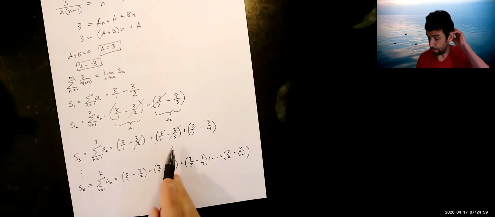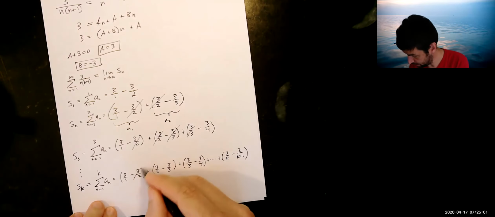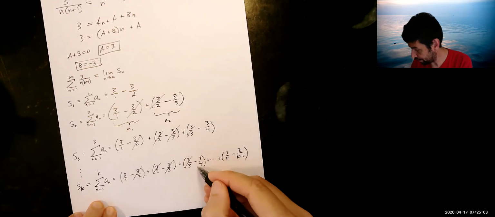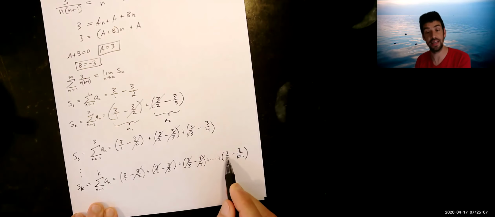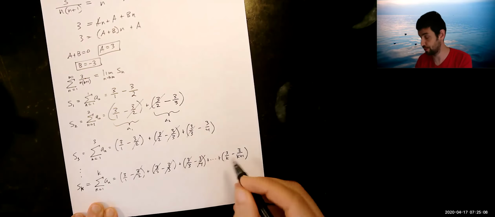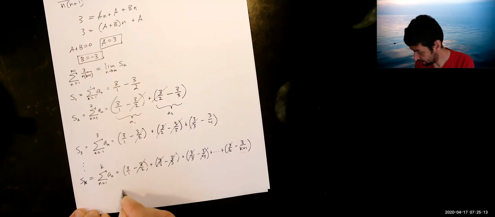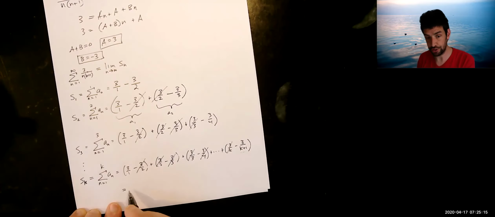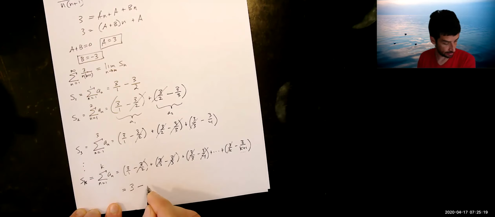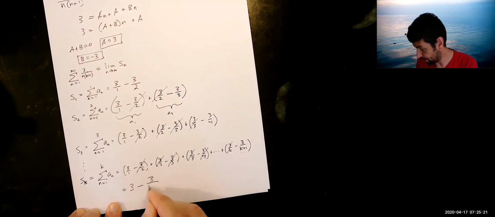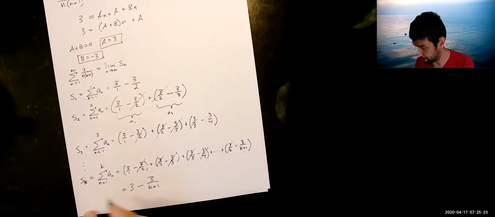But this pattern tells me everything is going to cancel out. There's a term right before this one that has a negative 3 over k that cancels this, and the only thing that's left is this, which means the kth partial sum will look like 3 over 1, or 3, minus 3 over k plus 1.